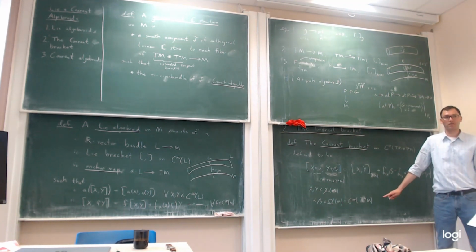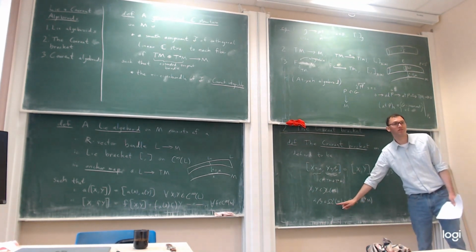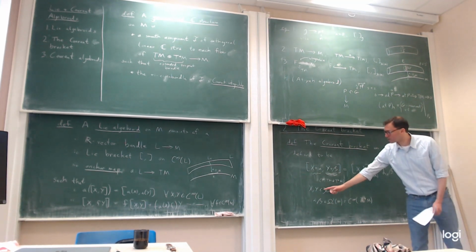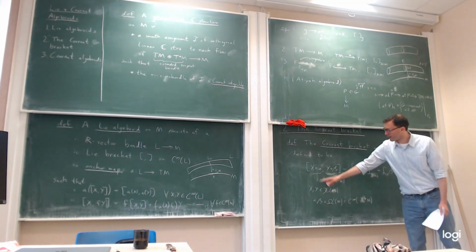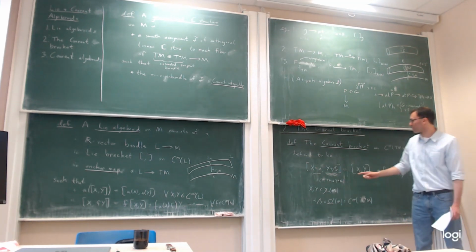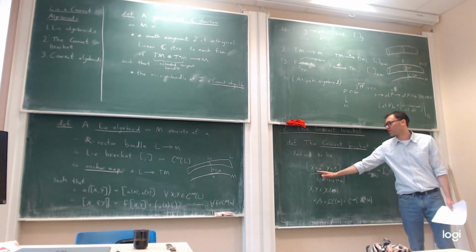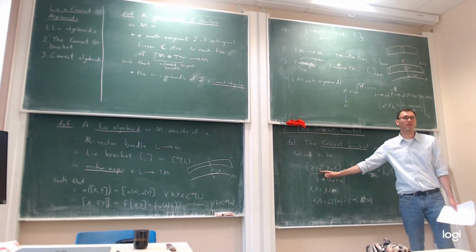Is this familiar? Have you seen this before? Yes. Okay. Then the sections of the extended tangent bundle are precisely the sections of the tangent bundle plus sections of the cotangent bundle.